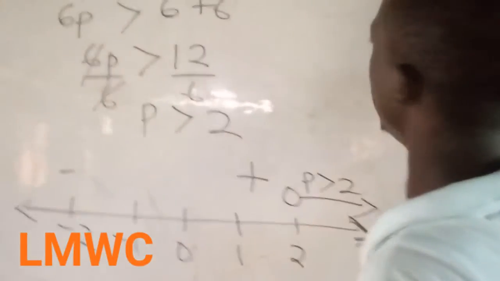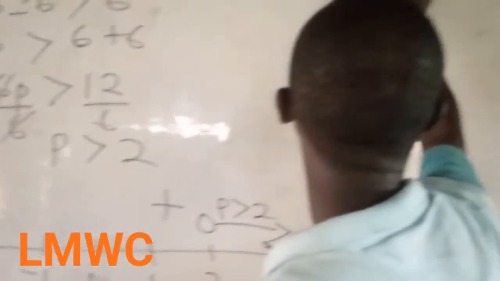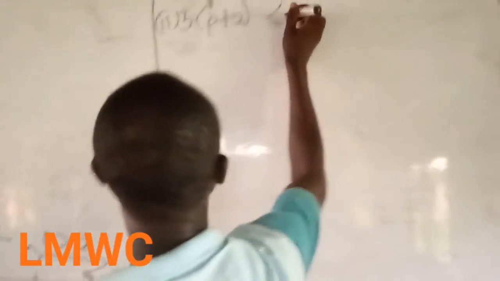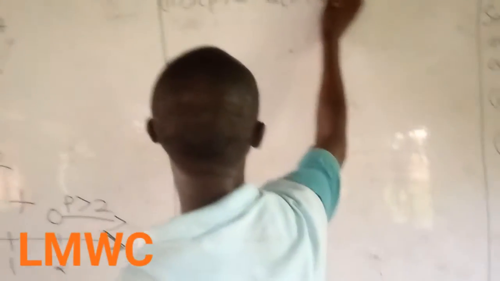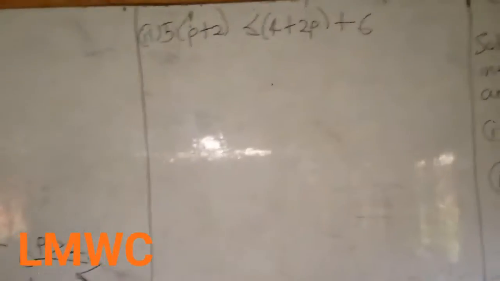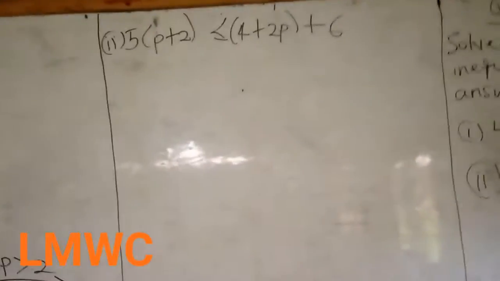The second one, we have 5 bracket p plus 2 is less than or equal to 3 bracket 4 plus 2p plus 6. That's our second example. So it's the same approach.